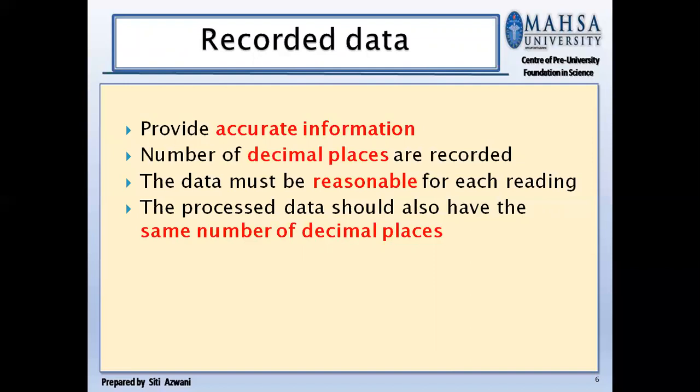When your time increases, your temperature should decrease. Please recheck if you got time increasing but your temperature is increasing. The processed data should also have the same number of decimal places. If you set 3 decimal places, the rest also 3 decimal places.